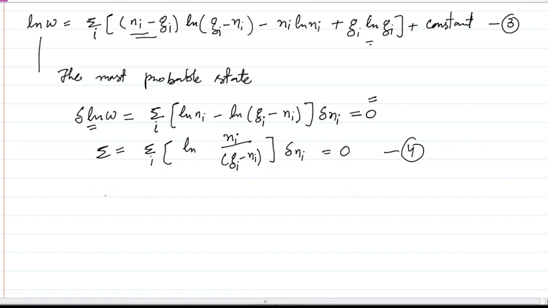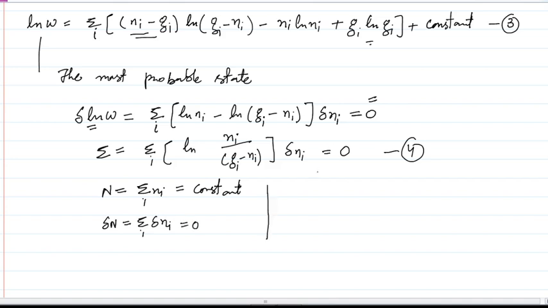We have also taken into consideration that the total number of particles is basically the summation of Ni particles, which is constant, and if we differentiate a constant, then it will be equal to 0. So delta N will be equal to summation I delta Ni will be equal to 0.